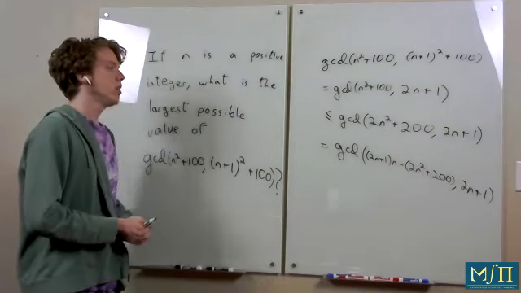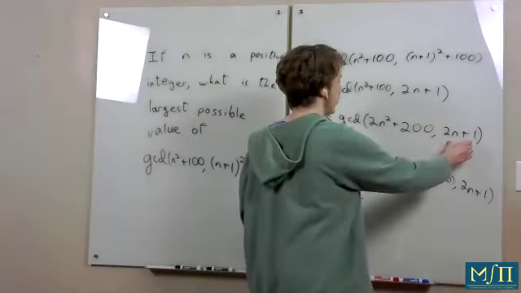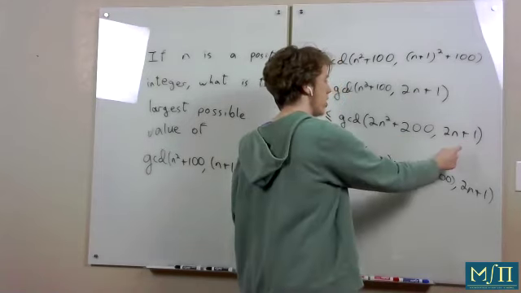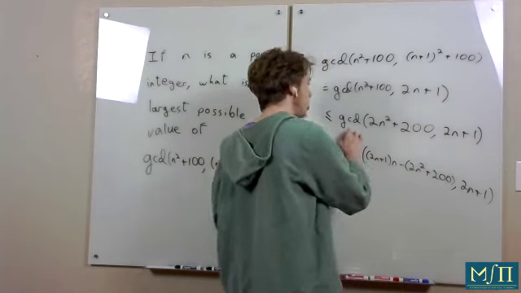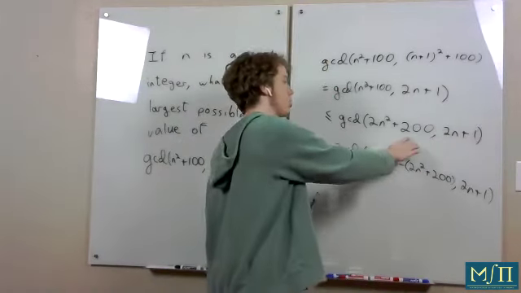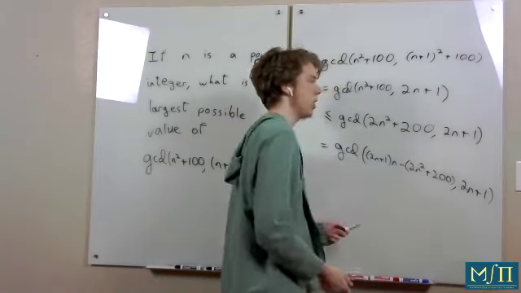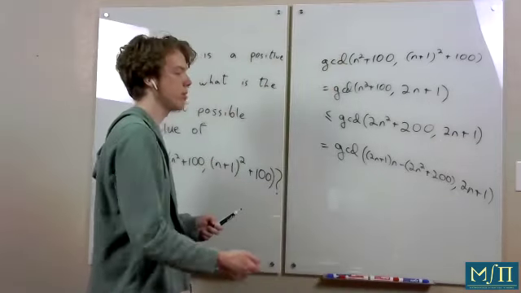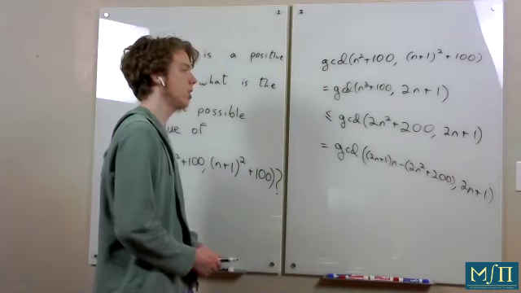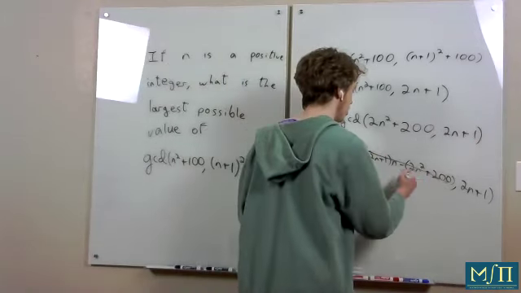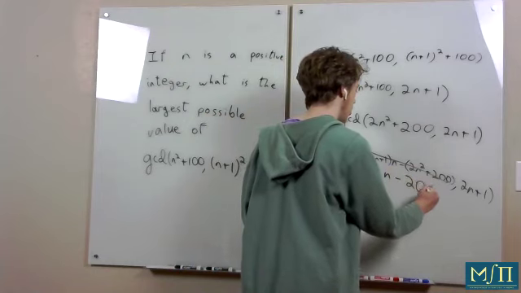So this is the same idea of taking a multiple of this and subtracting it from here. Whatever this GCD is, it divides 2n squared plus 200. It divides 2n squared plus n because it divides 2n plus 1, so it divides 2n plus 1 times n, which is 2n squared plus n. So when I subtract those, I get n minus 200.